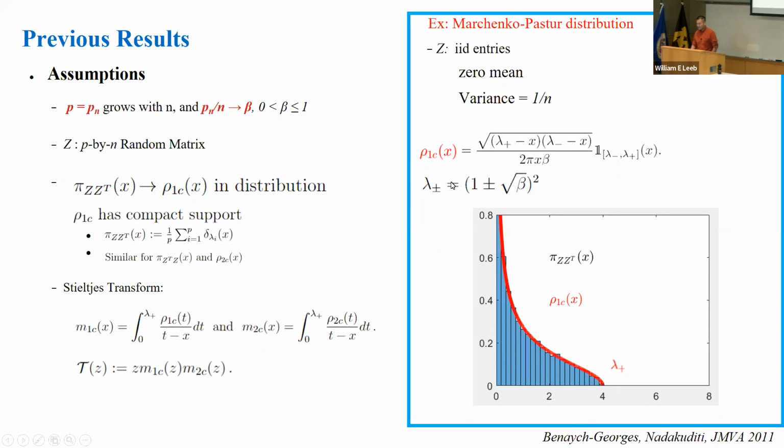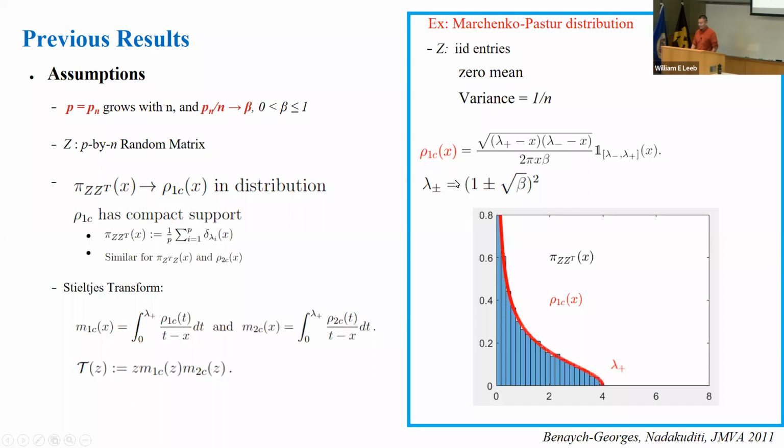When p equals n, then beta equals 1. So for example, this distribution is for beta equals 1. The lambda plus here, when you replace beta with 1, equals 4 right here, and the lambda minus equals 0 right here.